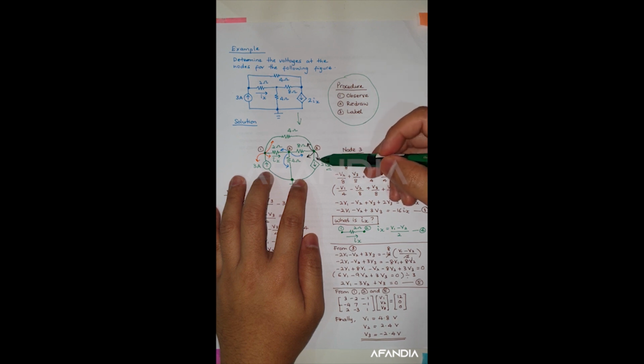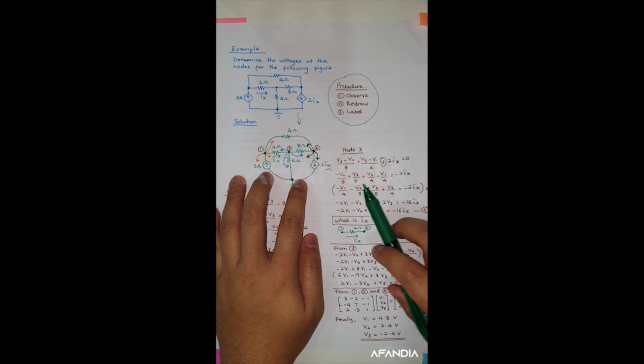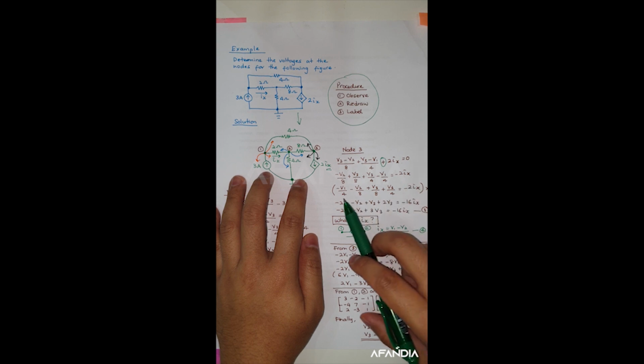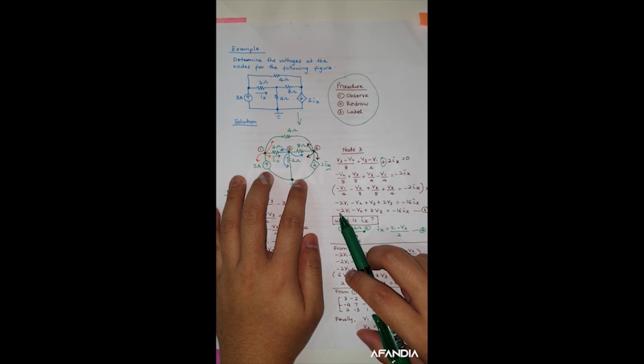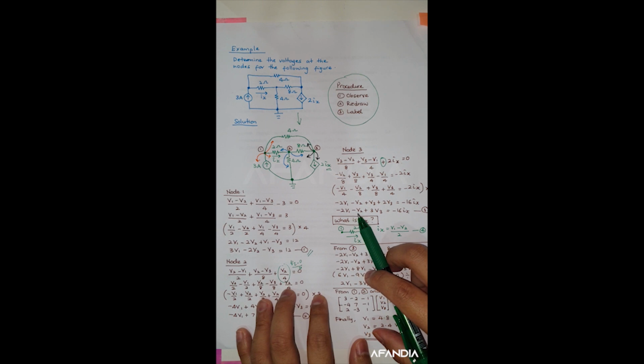Because our current direction here is in the same direction as our dependent current source, which is plus 2Ix. So we rearrange from plus 2Ix into minus 2Ix, and then I simplify, multiply to minimize the terms, and finally I obtain minus 2V1 minus V2 plus 3V3 equal to minus Ix.